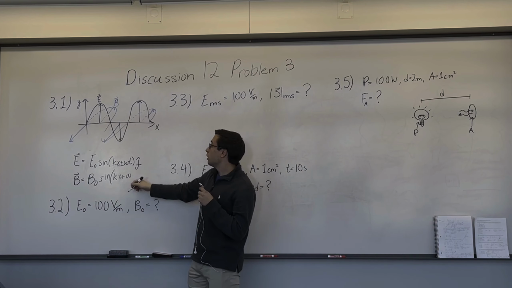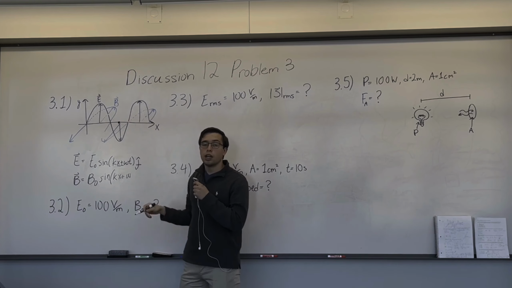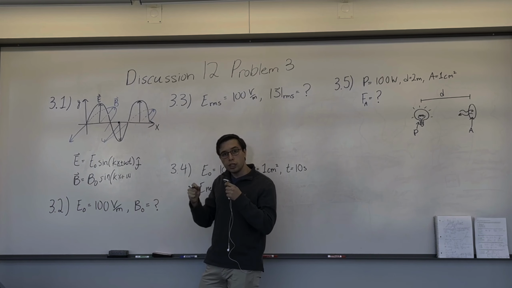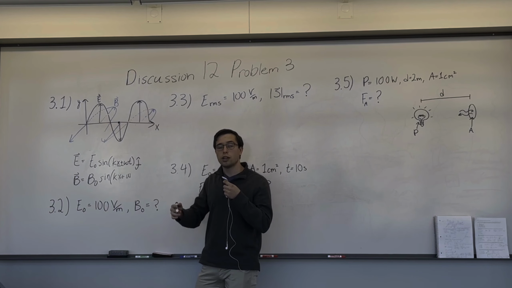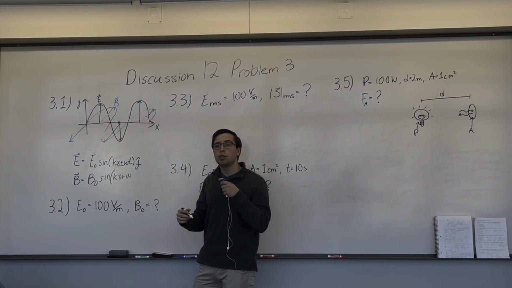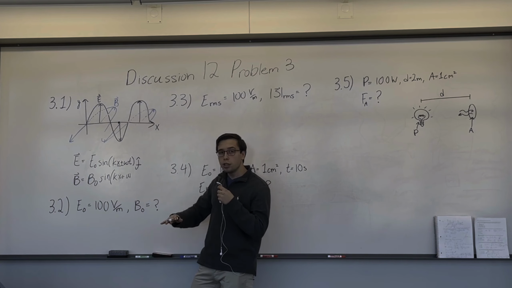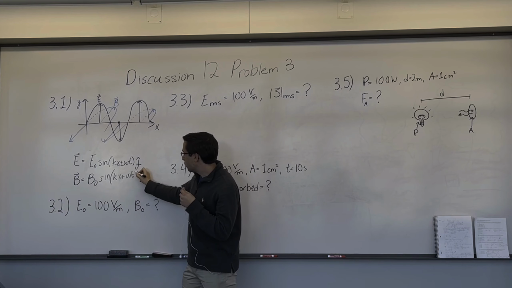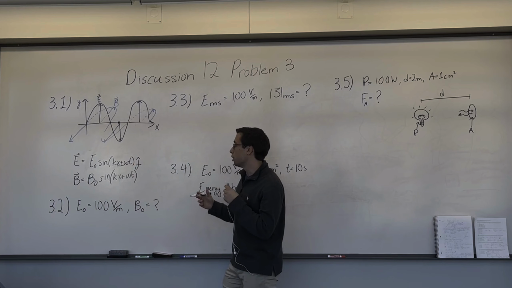Omega tells us that if we take a point in space and look at the fields at that point as time evolves, so we're sitting at a specific point but watching what happens to the fields as time increases, that process should have the same period in time for both fields. So they both move up and down at the same rate. Finally, t is the same. That should kind of make sense.